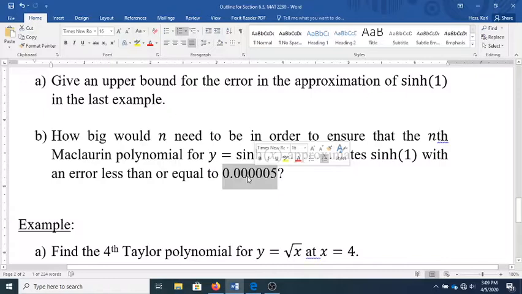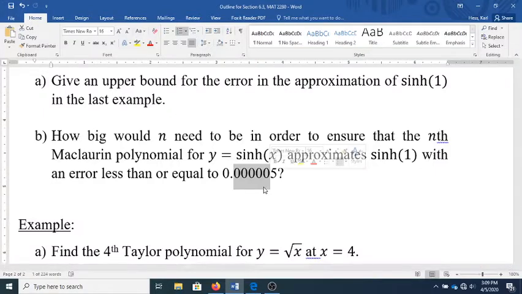After the decimal place, that's 5 zeros and then a 5. If it's less than that, it basically means the approximation is good to 5 decimal places. So maybe that's what we want. There's a certain number of decimal places that we want to be correct. So how big would n need to be for that?